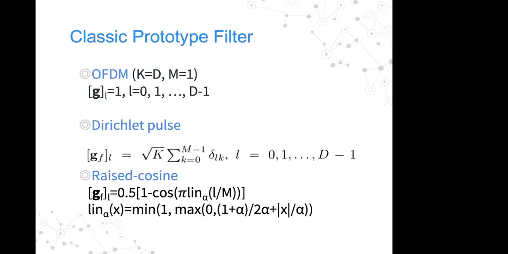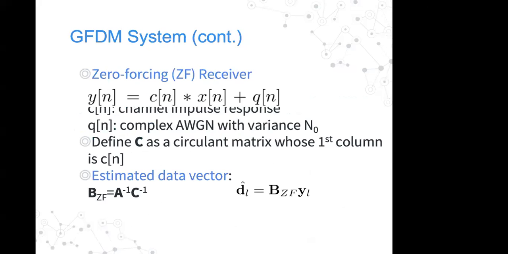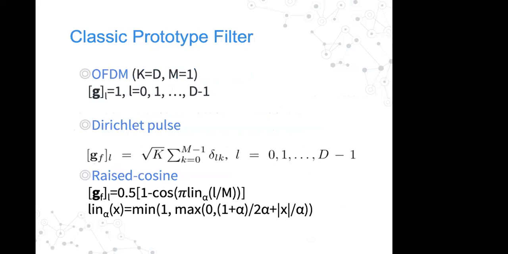Now, GFDM works with the channel and the receiver. We can estimate the signals using MMSE and zero forcing receivers. That depends. In OFDM, my subsymbols are equivalent to 1, so K equal to D data symbols.